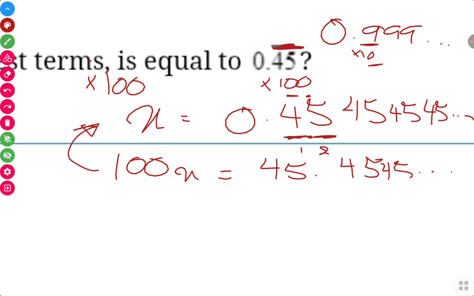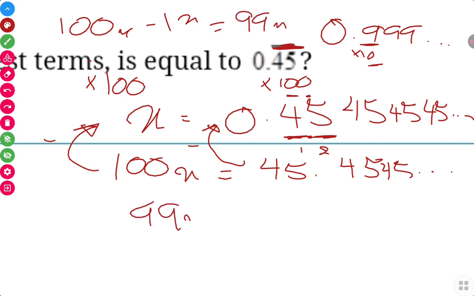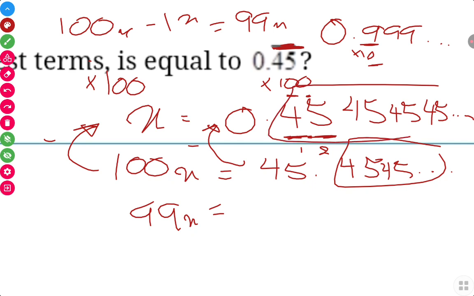So 100x minus x, and then 45.4545 minus 0.4545. 100x minus x is 100x minus 1x, which is equal to 99x. And then 45.4545 minus 0.4545 here.